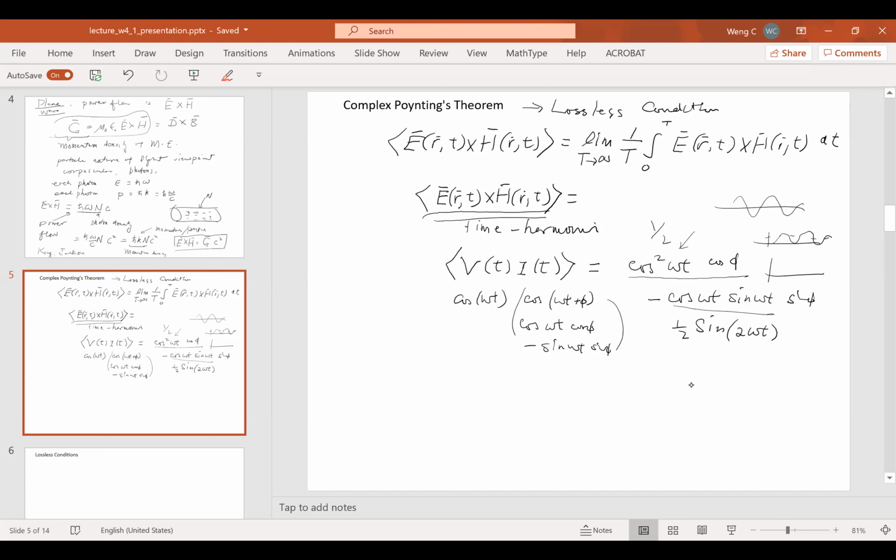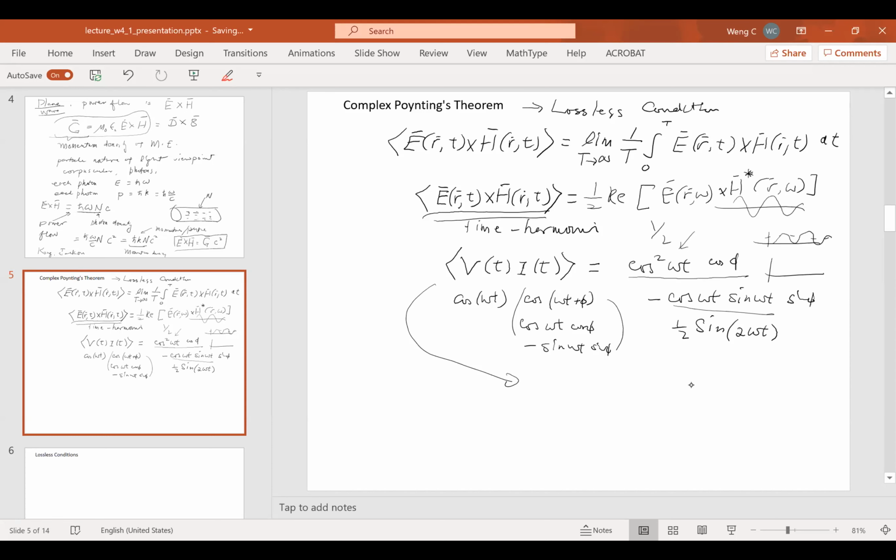Okay, it should be half the real part of E(r, omega) cross H conjugate (r, omega). Okay, so this, do you remember this? This would be a complex conjugate.